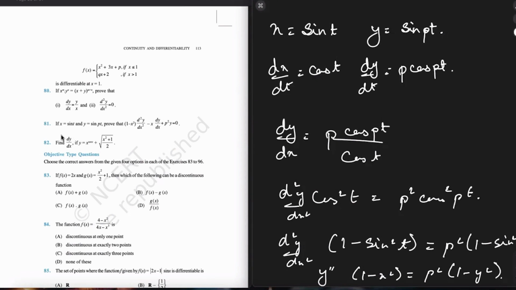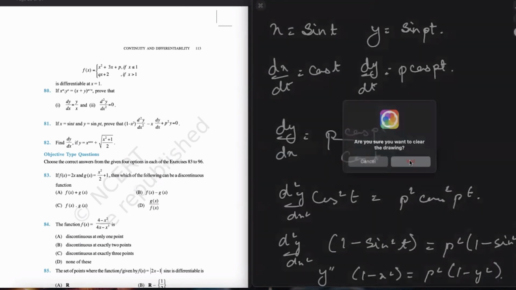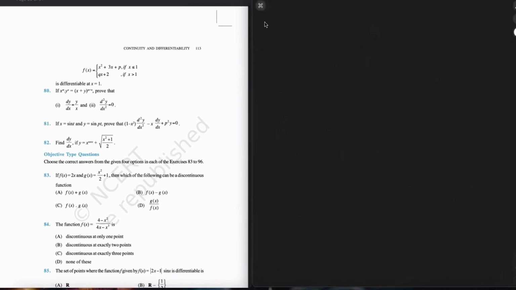Now I think we have to differentiate with respect to x as well. See, we reached till here. y double dash (1 minus x square) is equal to p square (1 minus y square). So 2 y dash y double dash, it was y dash whole square.